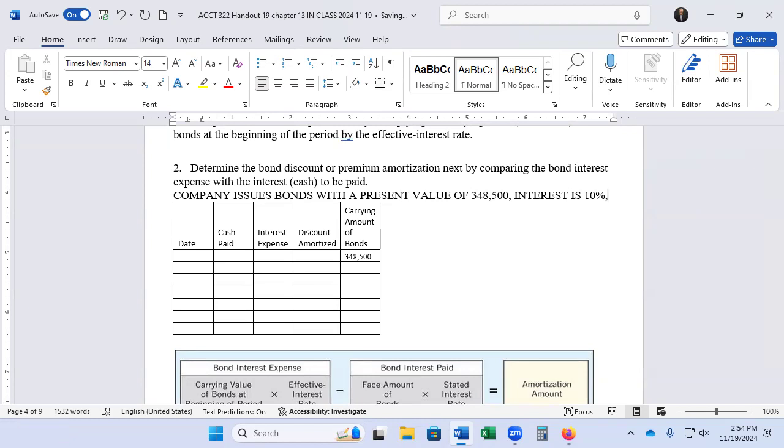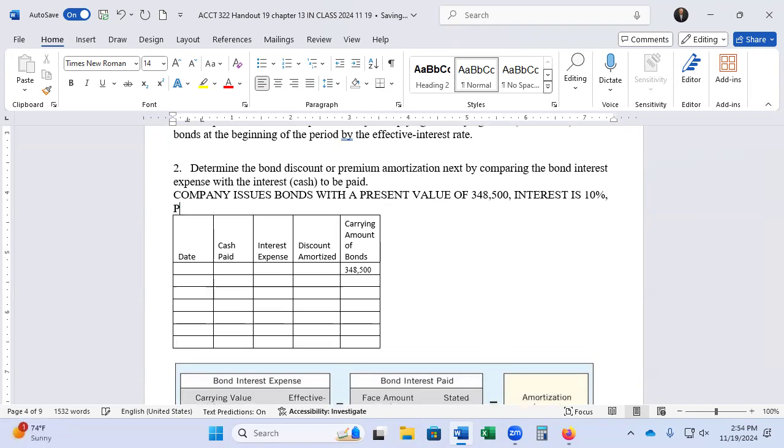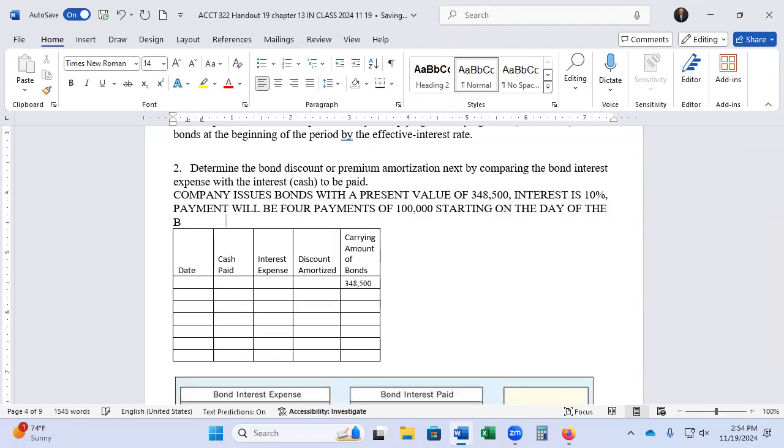Interest is 10%, and payment will be 4 payments of 100,000 starting on the day of borrowing.